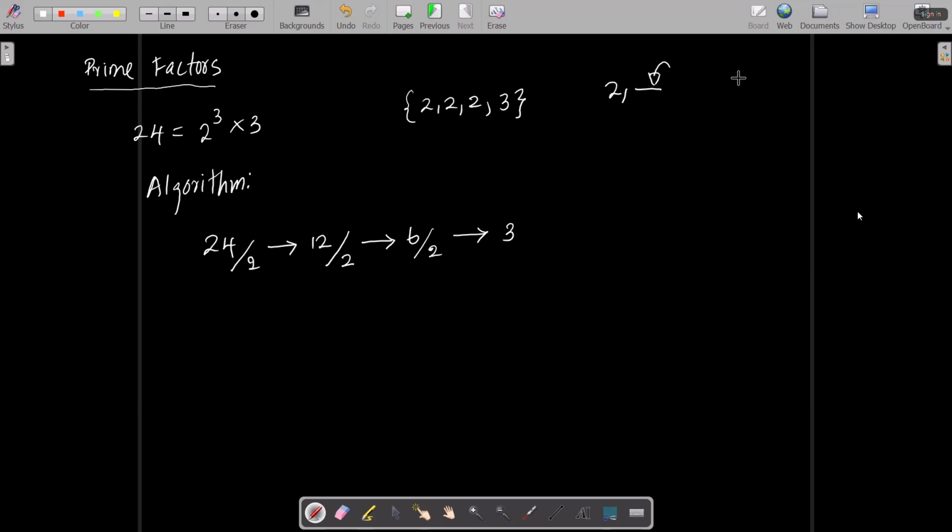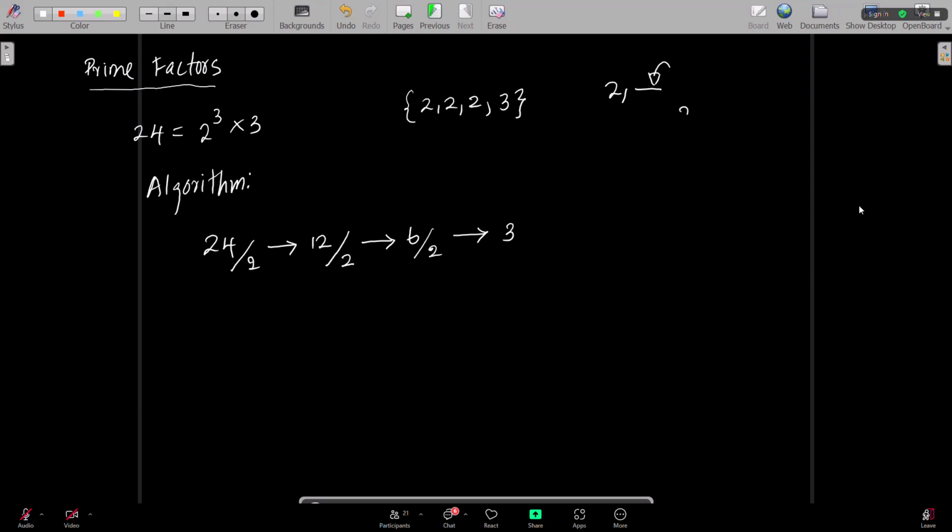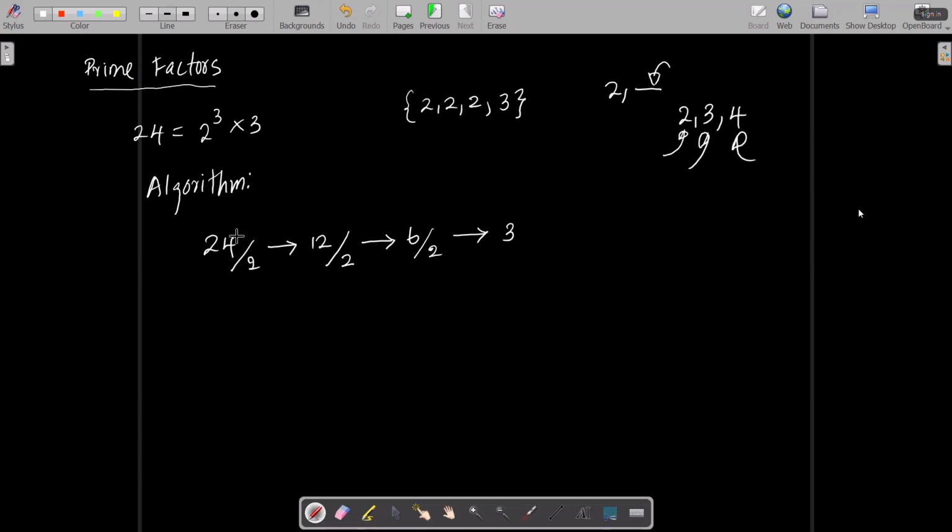Say we have checked 2, we checked 3, and we have come to 4. Since we are dividing this number by the primes we are considering, at this point, this number will not be divisible by 4, for sure, because we have considered 2. 4 can be expressed as 2 times 2.